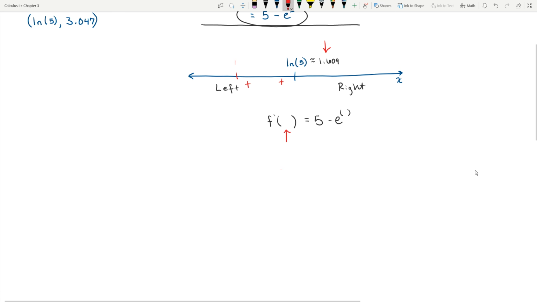If we choose a value a little bit larger, so let's just say we choose 2, what we find out is that now e squared is going to be a larger value than 5, and our solution is going to be negative on the right side. In fact, no matter what value, just larger than ln of 5, I choose, it is going to have a negative value. Therefore, on the right side, all values to the right are negative.